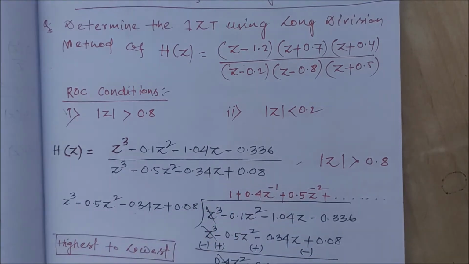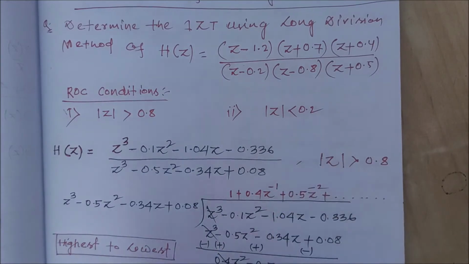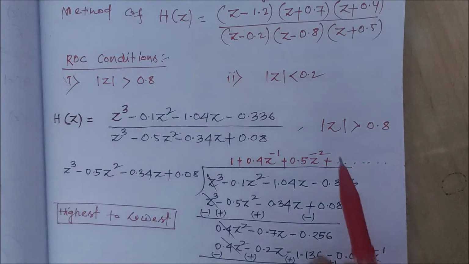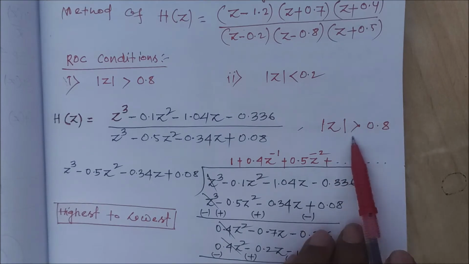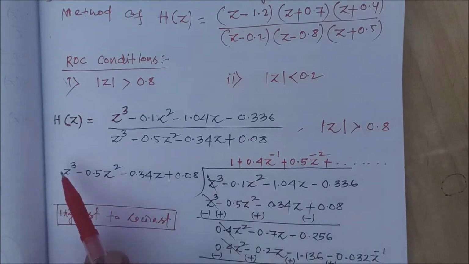So basically we need to determine the inverse Z transform for two ROC conditions. The first condition is mod z greater than 0.8 and the second one is mod z less than 0.2. We will divide this particular numerator with the help of this denominator, and we need to keep in mind that if we are calculating for a causal sequence, that means mod z greater than 0.8, we should always write the numerator as well as denominator in the form of highest to lowest power of z.